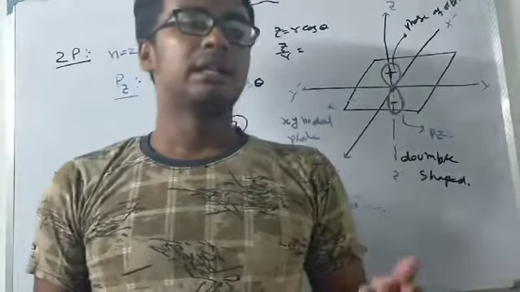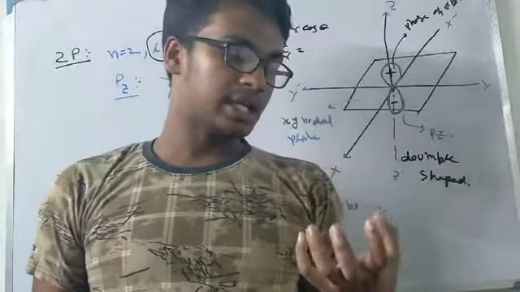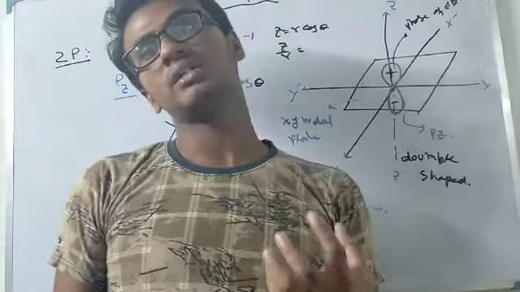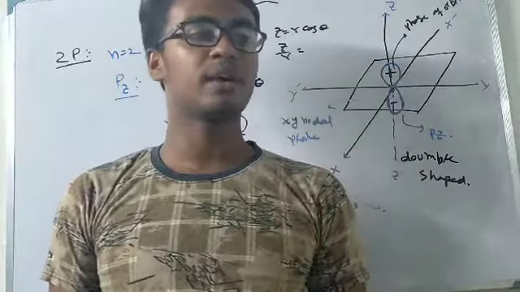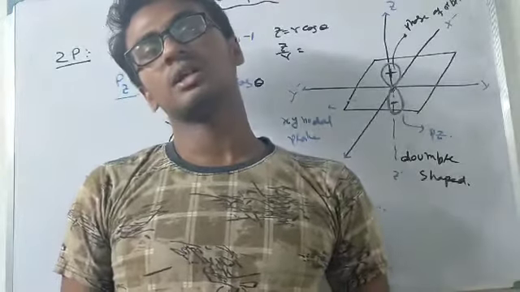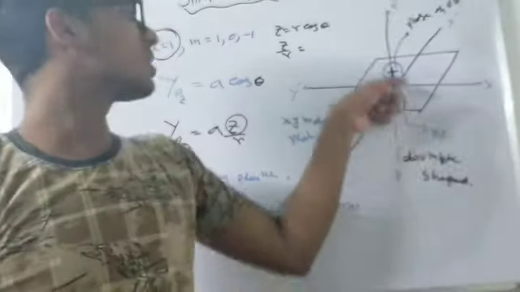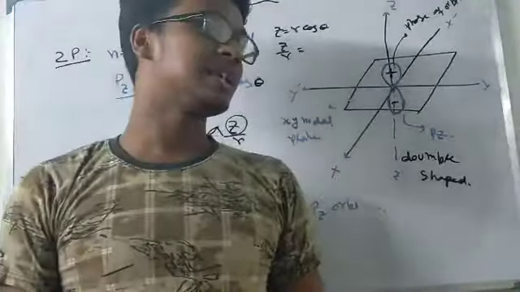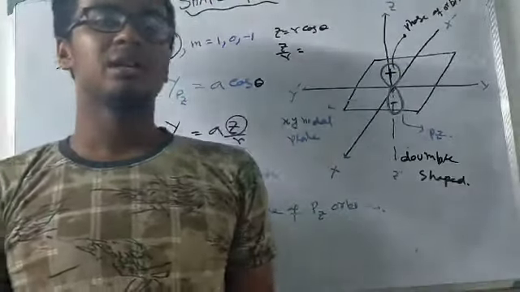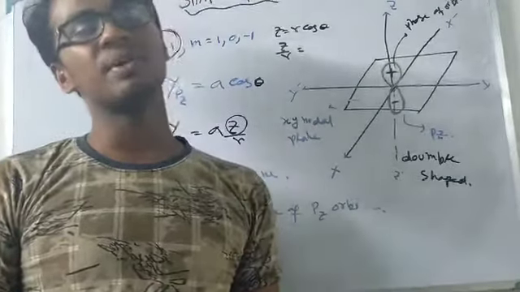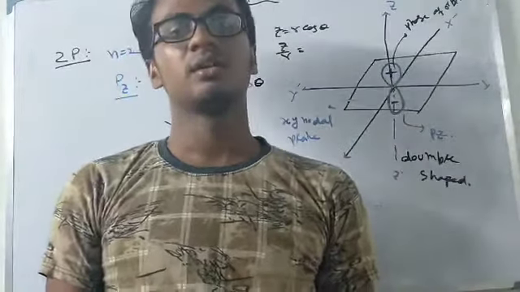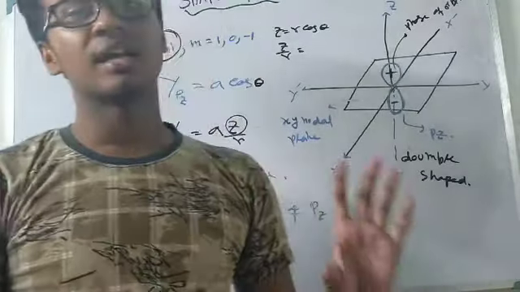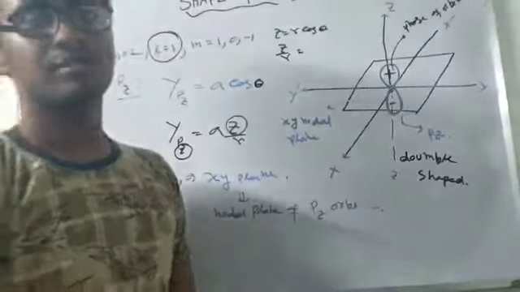The angular wave function contains a cos theta part, and if I draw a radial polar graph of the cos theta function, I will get this kind of shape. So the dumbbell shape is nothing but the graphical presentation of the angular wave function.